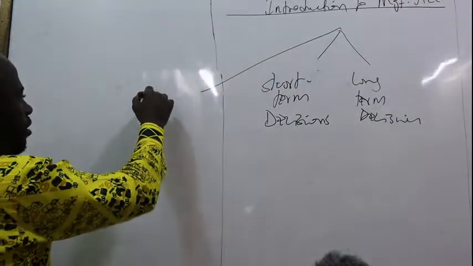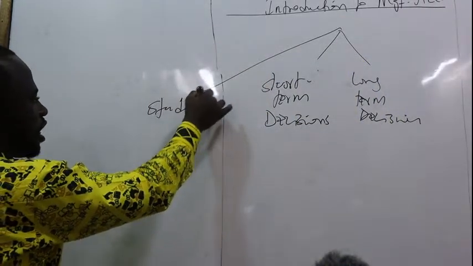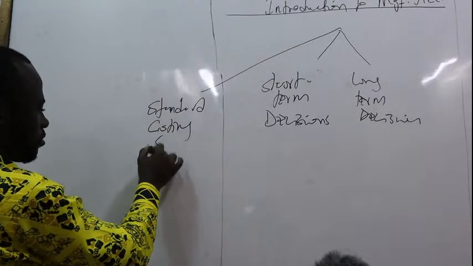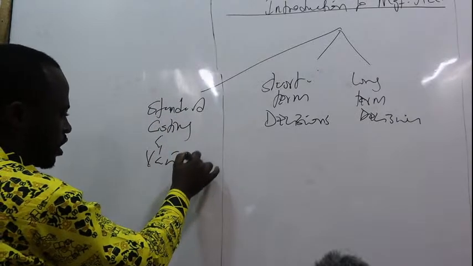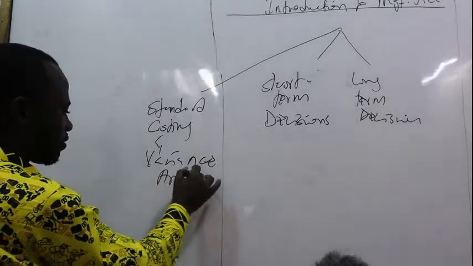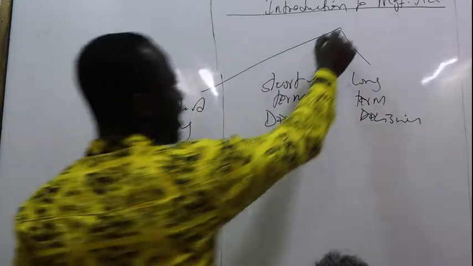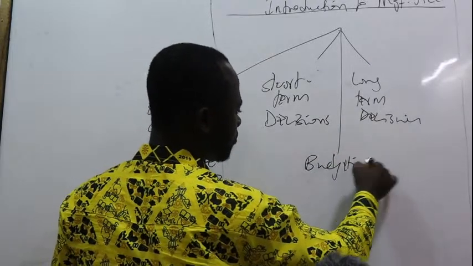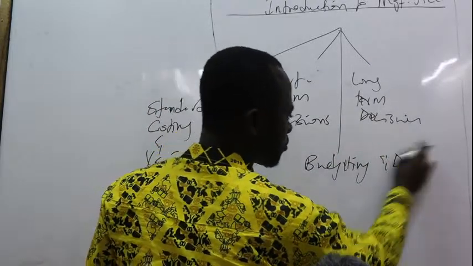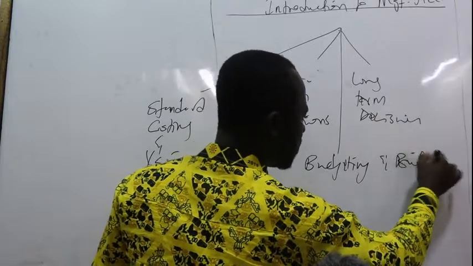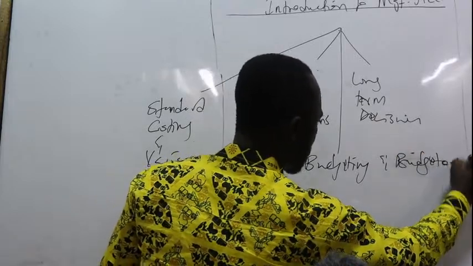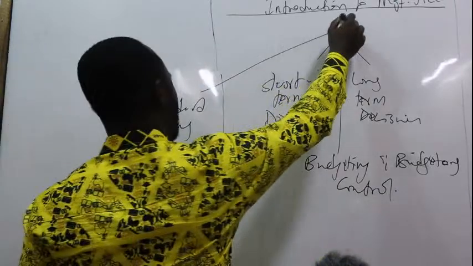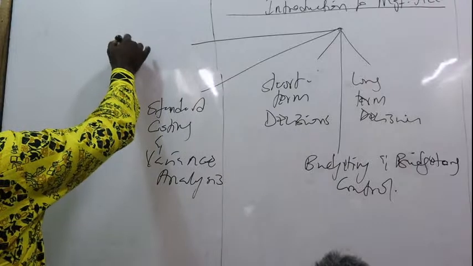Next one, standard costing and variance analysis. Then budgeting and budgetary control. And then the last one is performance measurement.